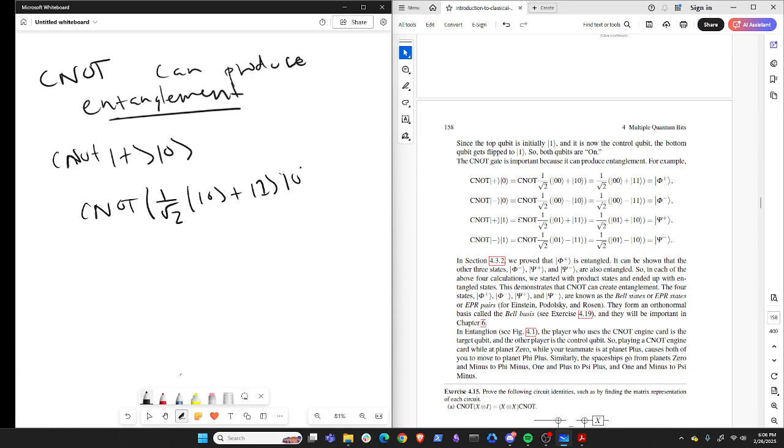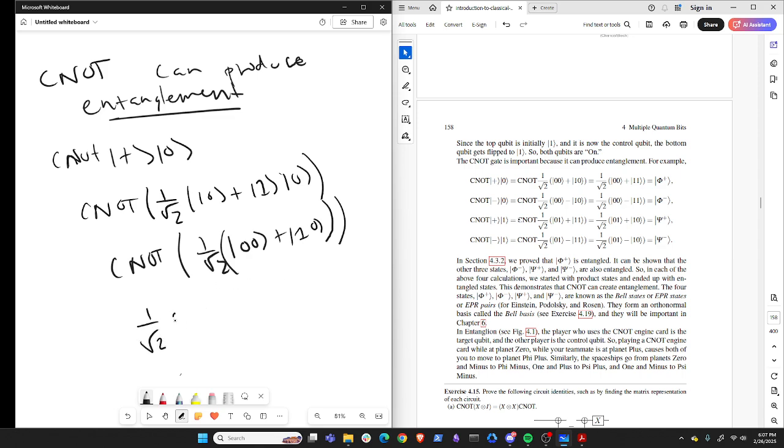Square root, or state 0, which gives us C0 of 1 over square root of 2 of 0, 0, and 1, 0. Distributing that C0 through, we wind up with 1 over square root of 2 C0 of 0, 0 plus C0 of 1, 0.